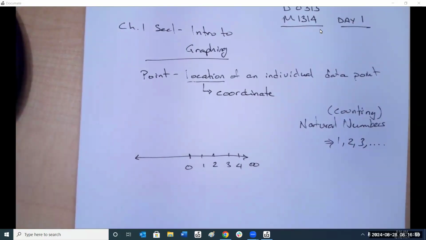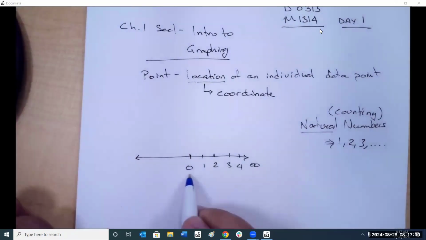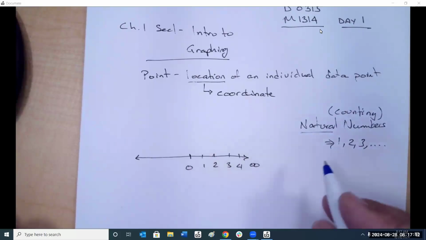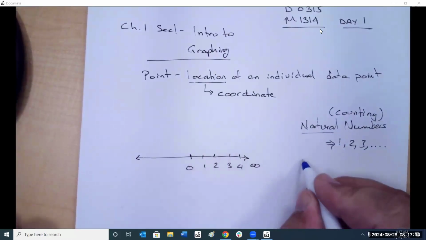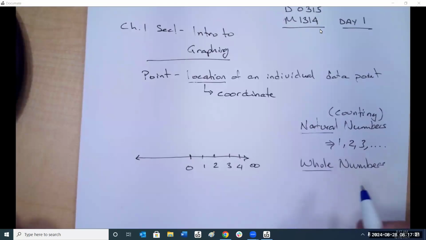So there are a lot of countries that still do that. And my question is why did everybody change from there? Was somebody dyslexic and changed it? But anyway, after natural numbers, then we introduce zero. That looks like a hole. So we call those whole numbers. Whole numbers start with a hole.